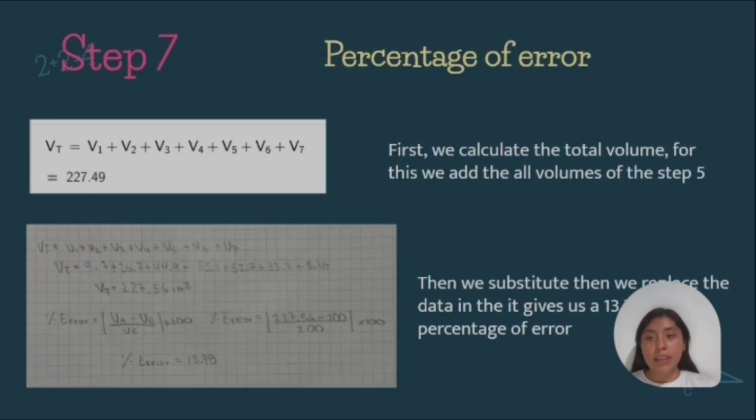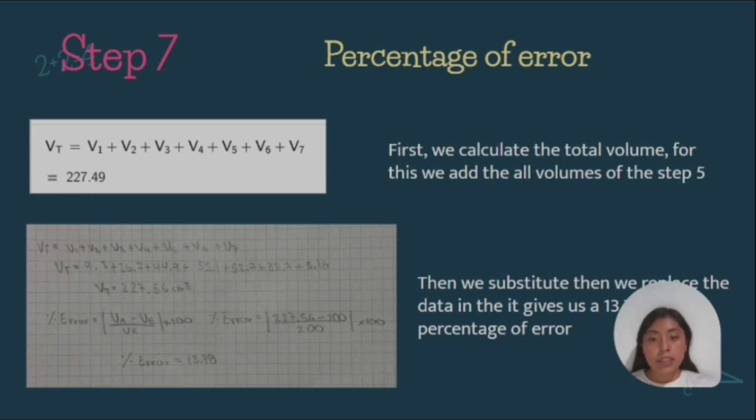Finally, in step 7, to calculate the percentage of error, first we need to calculate the total volume with this formula, substituting the data with the result of the integral in step 5.